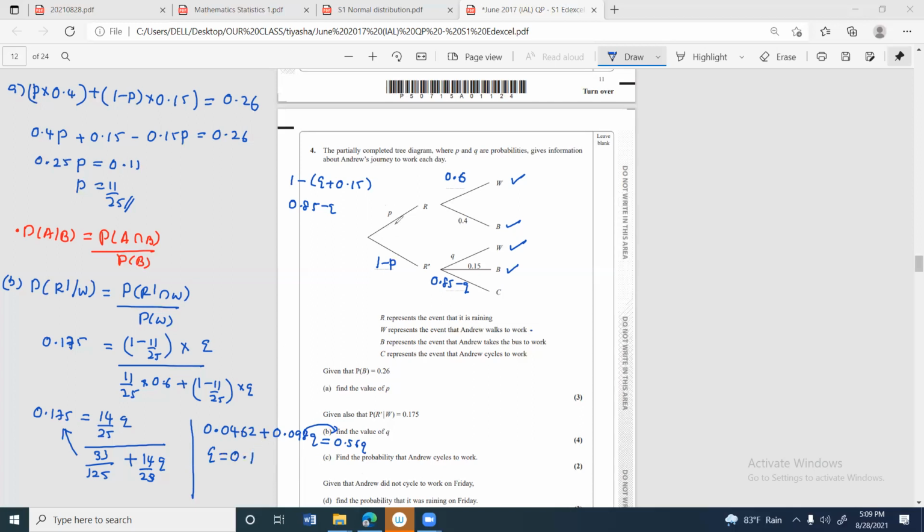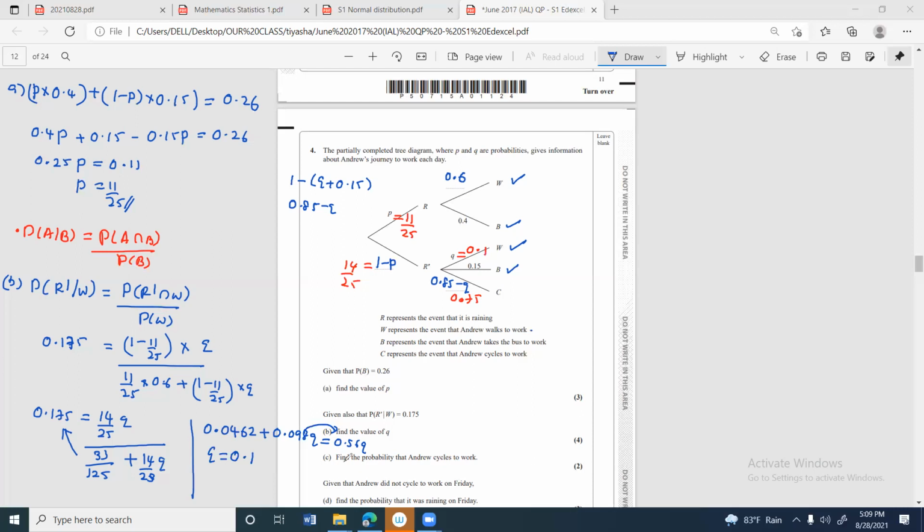Now you know these figures, so I'll just do the additions for this question. This is 11 over 25 and this is 14 over 25 and this is 0.1. Q is 0.1, therefore this is 0.75. Find the probability that Andrew cycles to work.